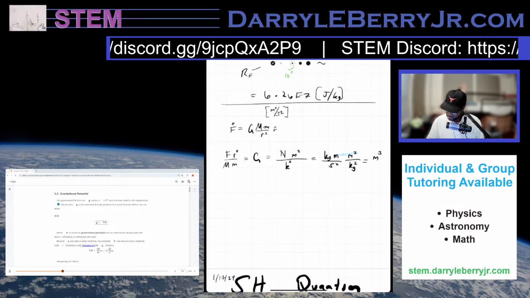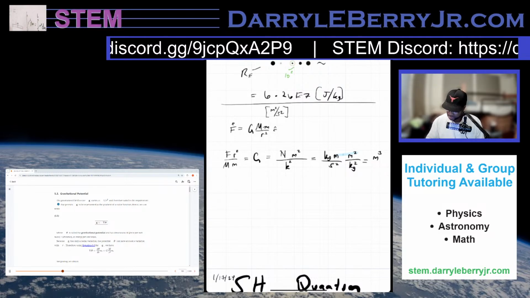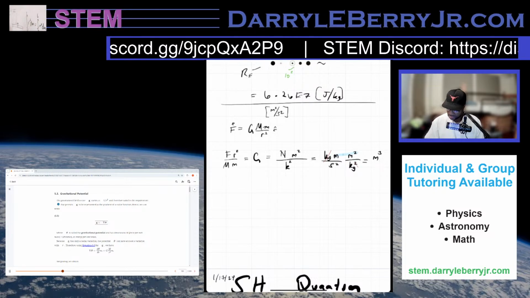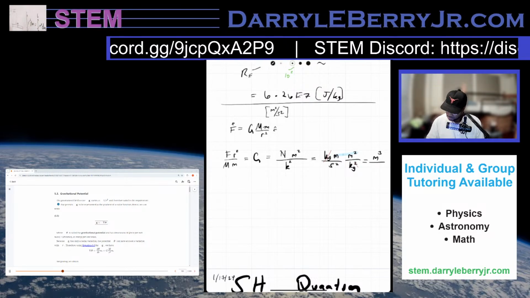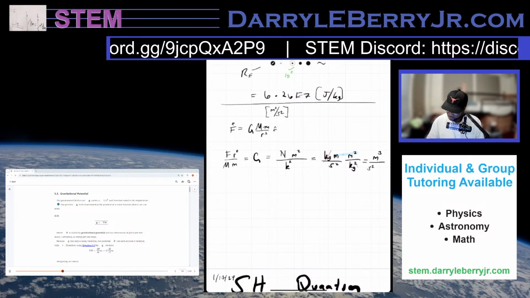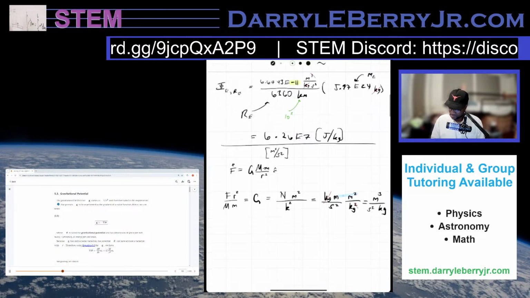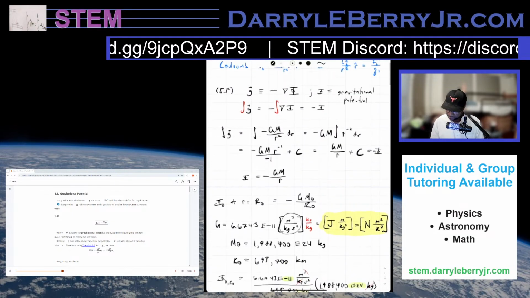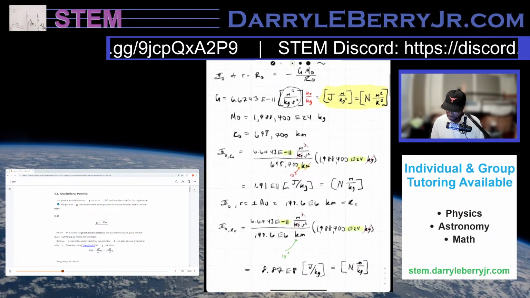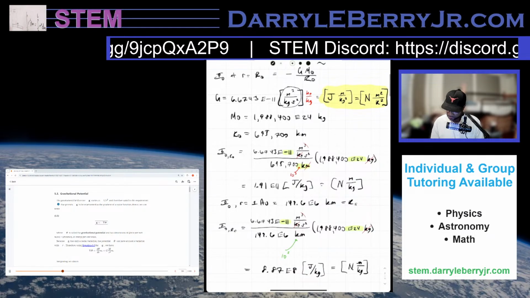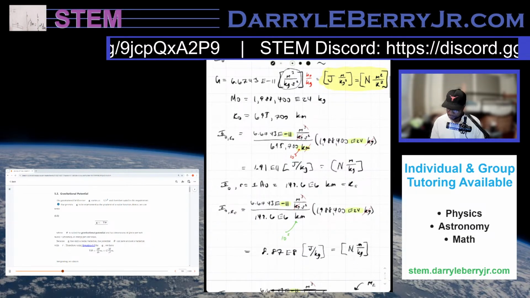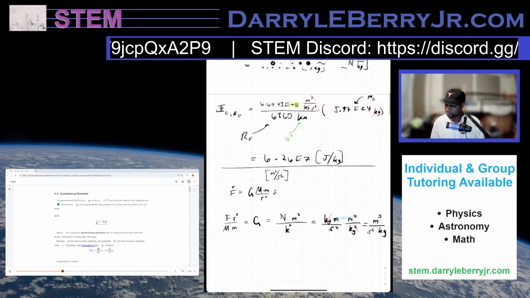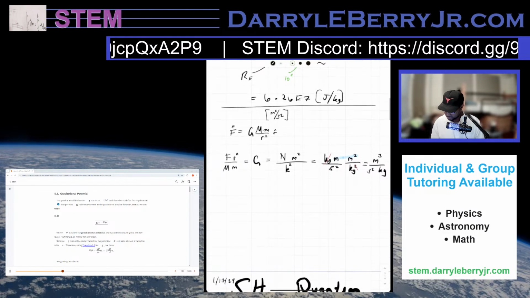This kilogram and this kilogram will cancel, leaving just one, so second squared kilograms. So we see that the units for Newton's constant from Britannica were right. That's the first thing.